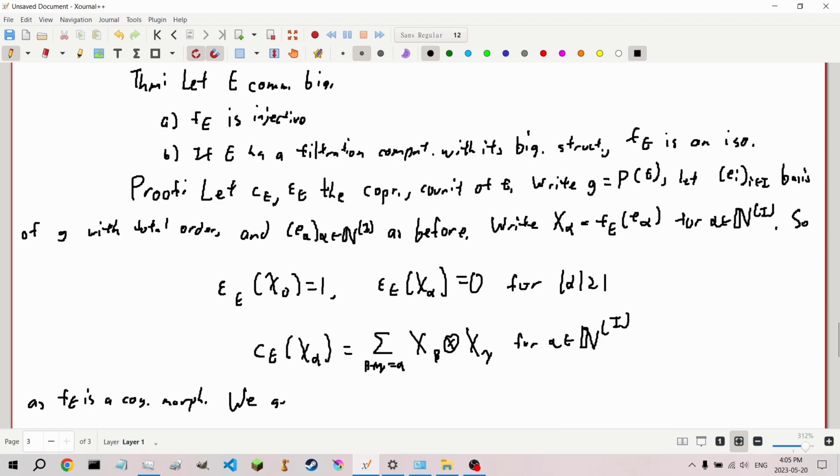We get that Fe is injective, which is our first theorem, from the following.